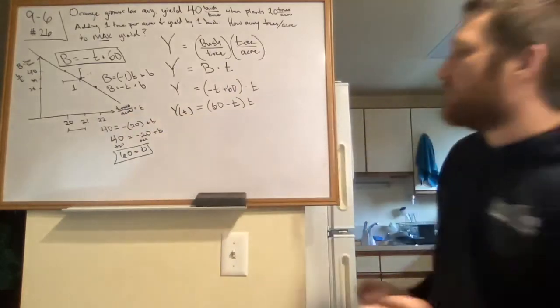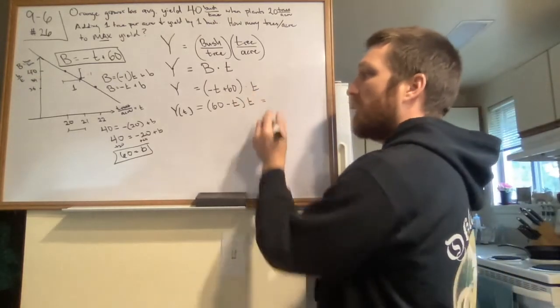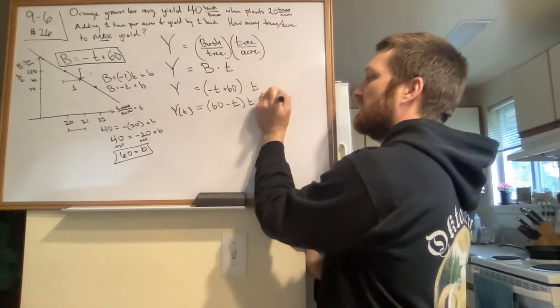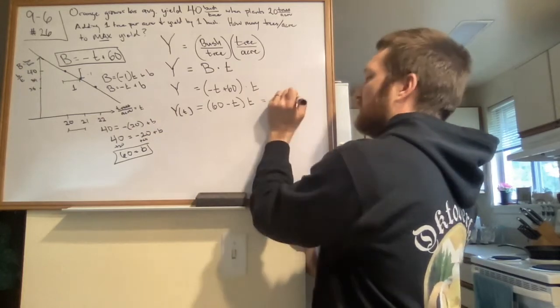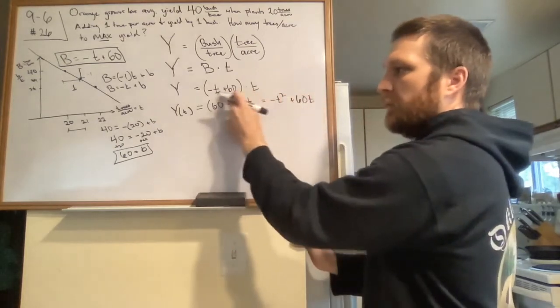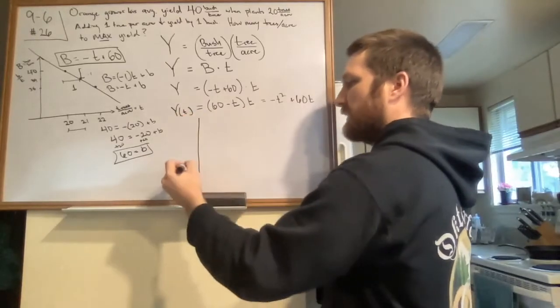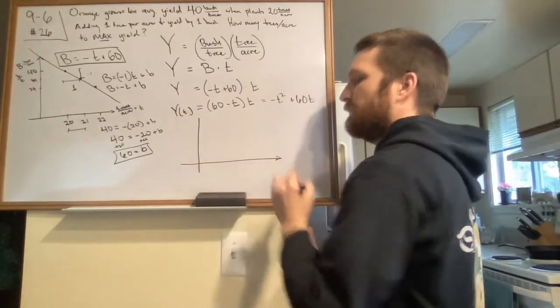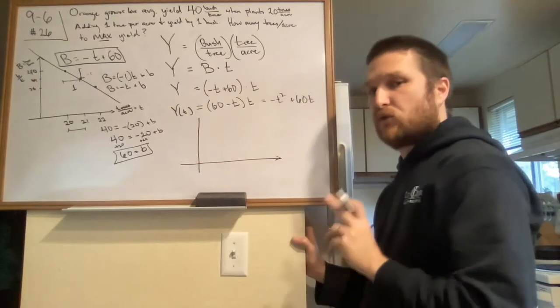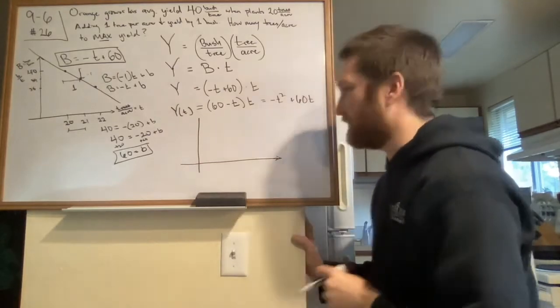Let's look at this. This is a downward facing parabola, because it's the same thing as negative t squared plus 60t. Graph this, and it is what we expected at the very beginning: a downward facing parabola, since we're trying to find the max of something.